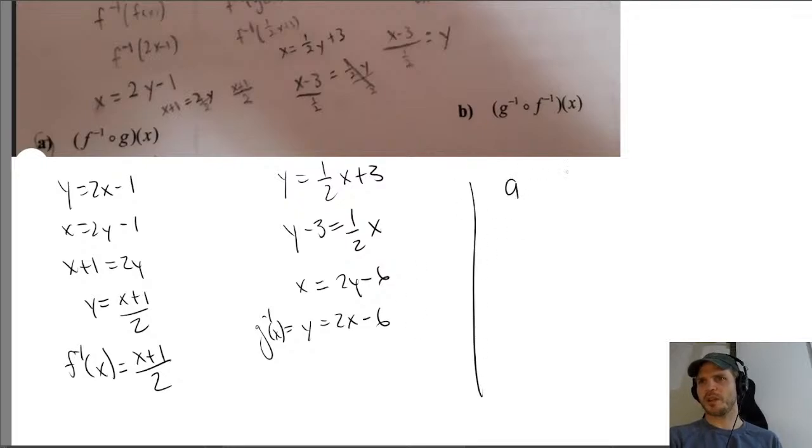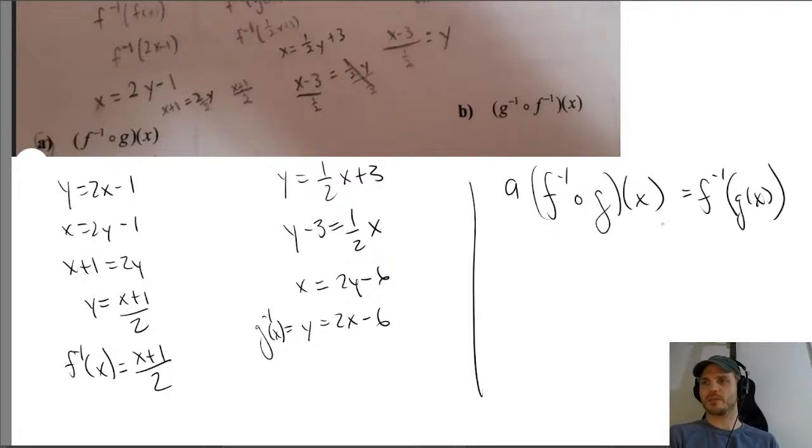For part A, we want f inverse composed with g of x. You can write this in the other notation, f inverse of g of x. It's the same thing, which I find a lot of people have an easier way of interpreting. Whichever is good for you.